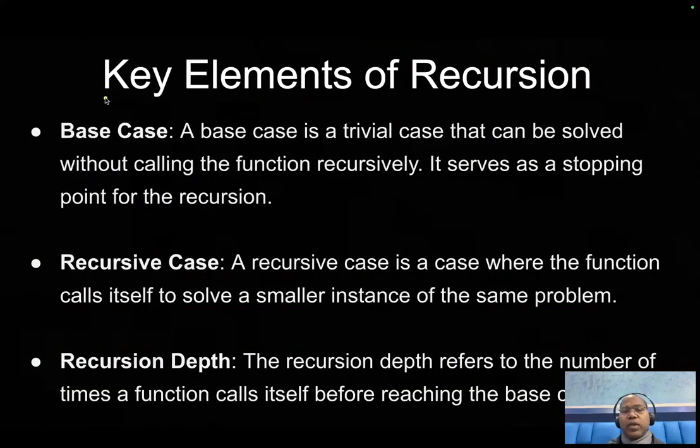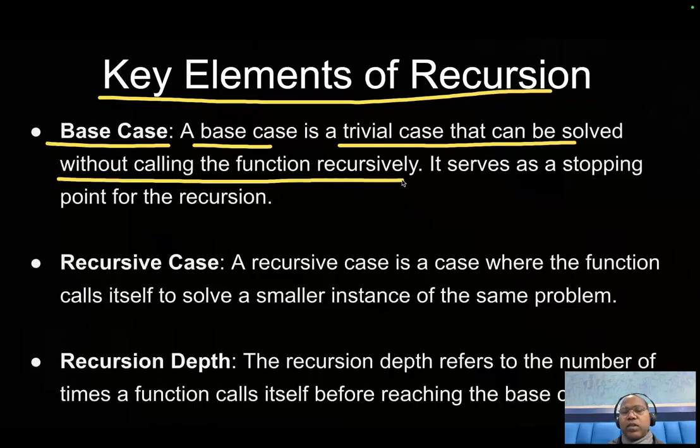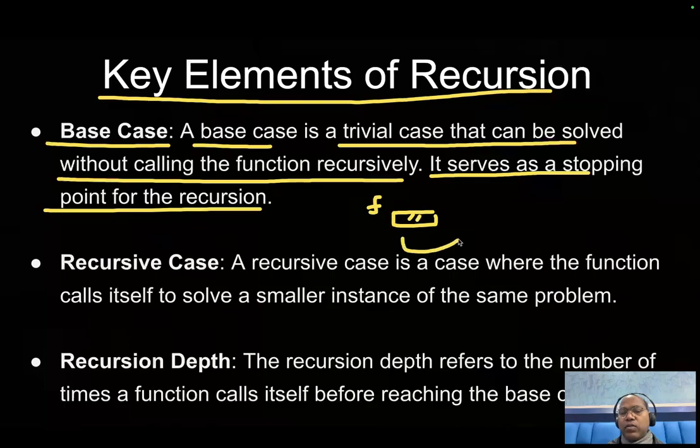These are some key elements of recursion. First, the base case. The base case is a trivial case that can be solved without calling the function recursively. It serves as the stopping point of the recursion. So the base case is the condition on which you have decided your recursive function is going to end.